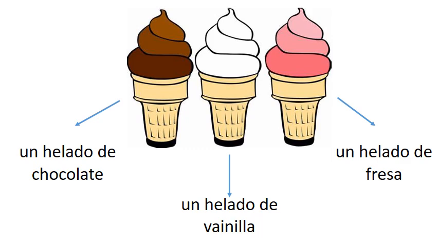Now I picked the helado de vainilla, didn't I? Okay, the vanilla ice cream. So maybe you could have a go at saying those 3 after me. Un helado de chocolate, un helado de vainilla. Remember that double L makes the y sound. Un helado de fresa. Perfecto. Well done, year 3.